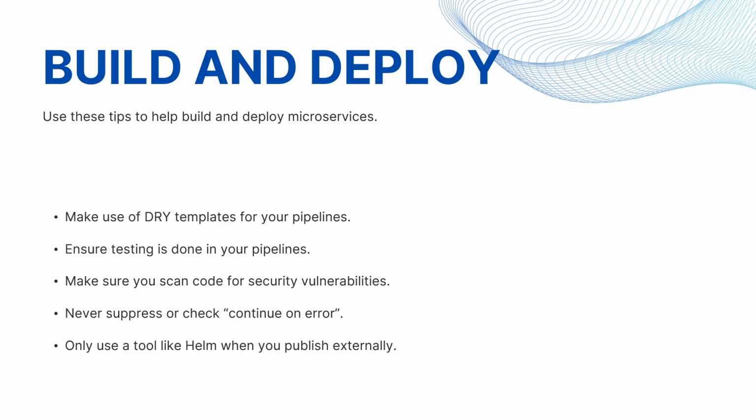And maybe slightly controversial, but certainly, again, from experience, Helm's a great tool if you're publishing your containers or creating Helm charts for things externally. If you're only ever using your containers internally, create a deployment manifest for AKS, for instance, using YAML that has template parameters in there. There's no point in creating Helm charts, in my opinion, for things that are only going to be used internally.